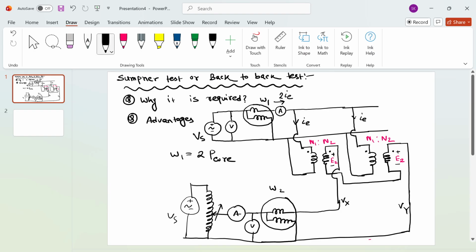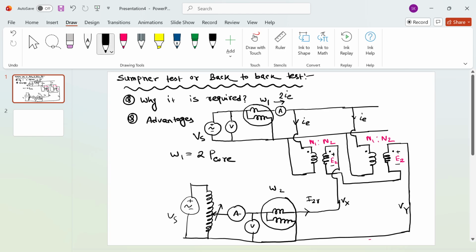Okay. So let's say you have adjusted the tapping such that you got the full load rated current, and that is I2. Since it is flowing on the secondary side, I'm calling it I2R, the rated current. Now we will see the direction of the currents and all.